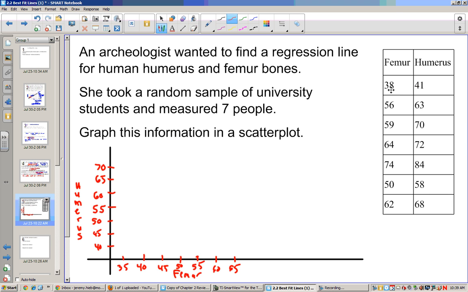Now we have the point 38 for the femur, which is about here, 41 for the humerus. So we put that point on, 56, 63. Put that point on, 59, 70. 64, 72.